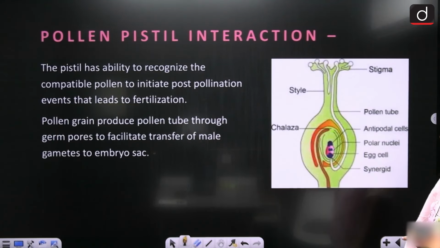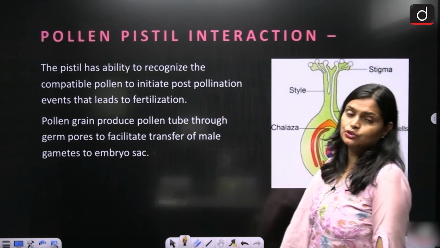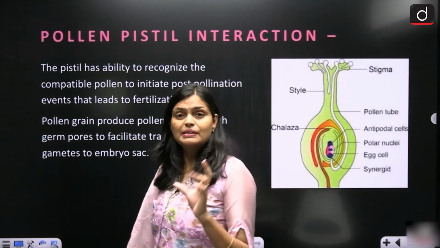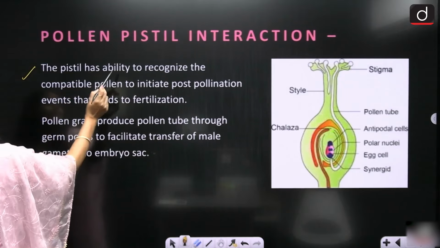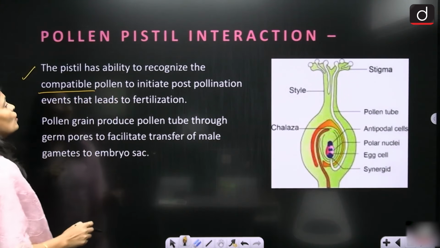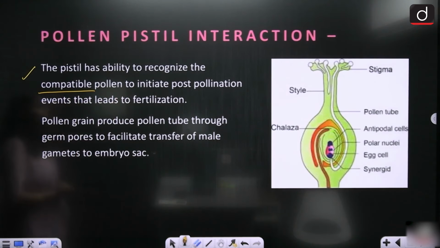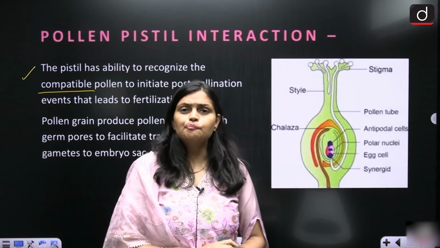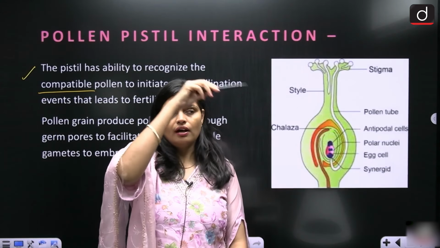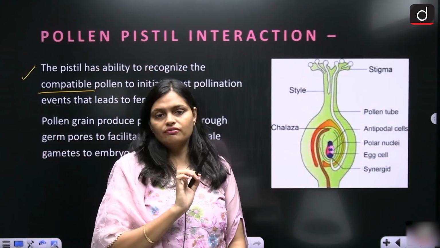Then we have pollen-pistil interaction. What do you mean by pollen-pistil interaction, guys? The pistil has the ability to recognize compatible pollen to initiate post-pollination events that lead to fertilization. Now suppose pollen from a flower reaches the stigma of another flower.